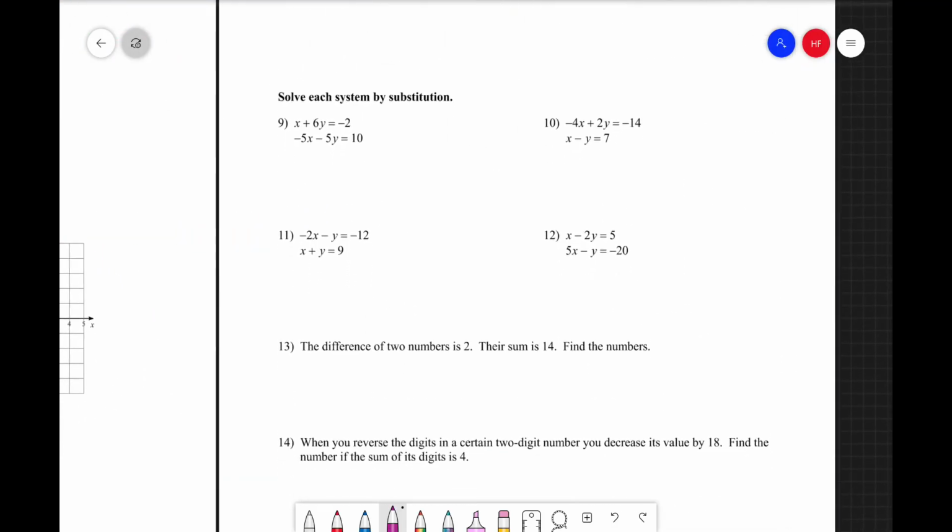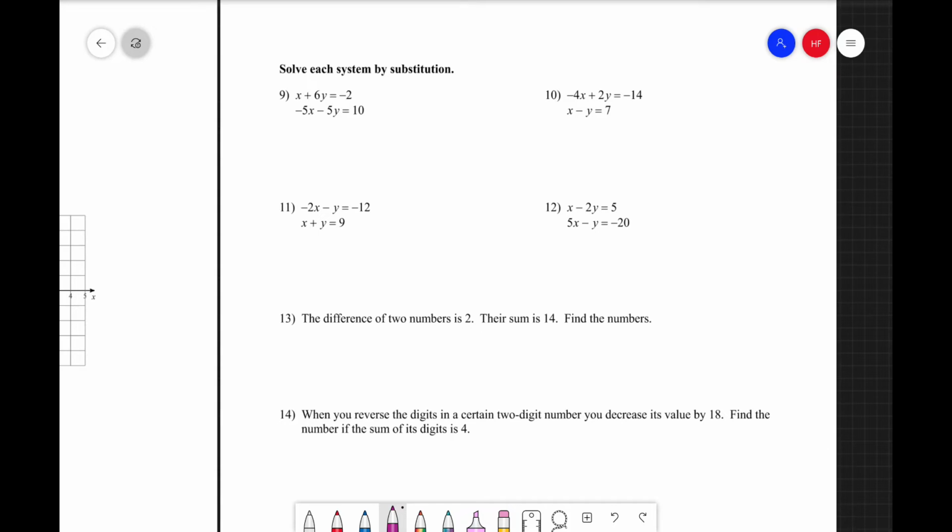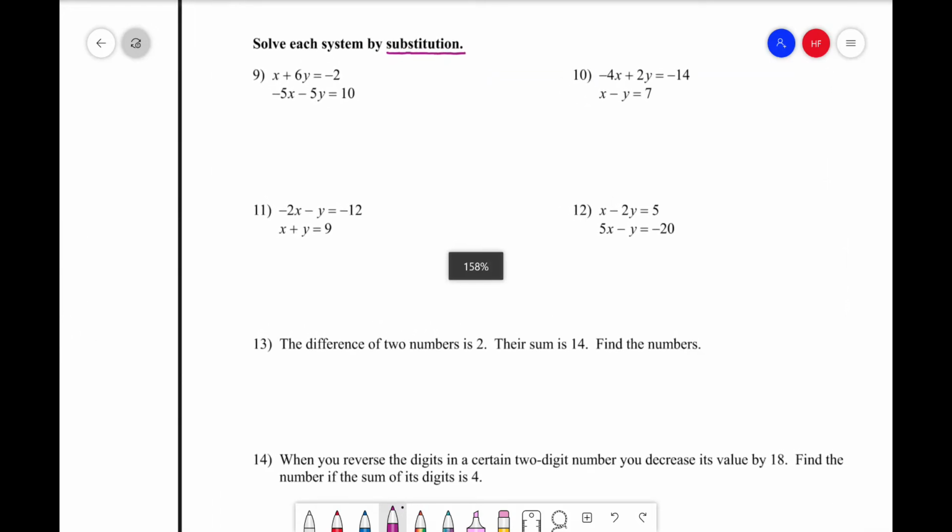And then our last method here is to solve by substitution. This is my favorite method. So like I said, elimination is not my favorite, substitution is my favorite. So looking at number 9, we want to get one of our variables equal to everything else. So we want it to say x equals blah blah blah or y equals blah blah blah.